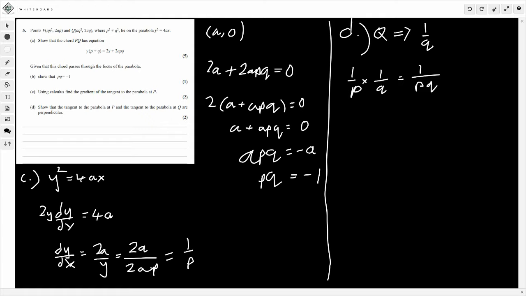Well, we already established in part B that PQ is equal to -1, so this is the same as 1 divided by -1, which is -1. So therefore, they're perpendicular. And that's the full part for D, and that's the full question 5 done there.